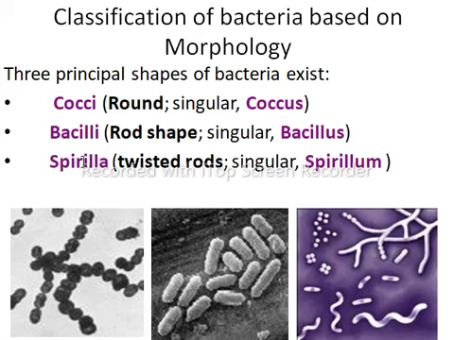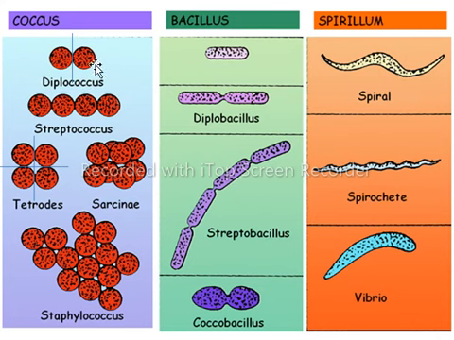Then spirilla, or twisted rods or winding bacteria. Spirillum is for single cells. A typical bacterial cell measures 2 to 8 micrometers in length, and they form associations such as pairs, chains, tetrads, sarcina or clusters.